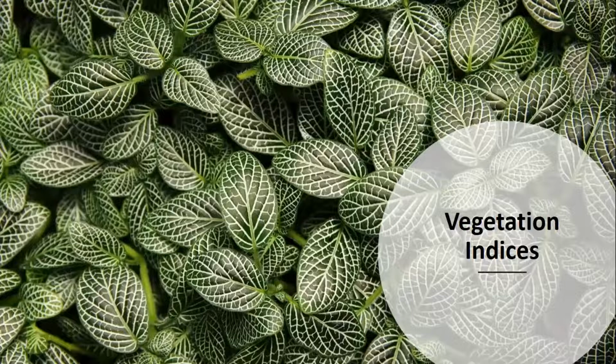So let's talk about some of the vegetation indices. We talked about the bands, and now we will use these bands in a particular formula, a particular equation. Two bands, apply a particular equation over those two bands, and let's see what results come out.